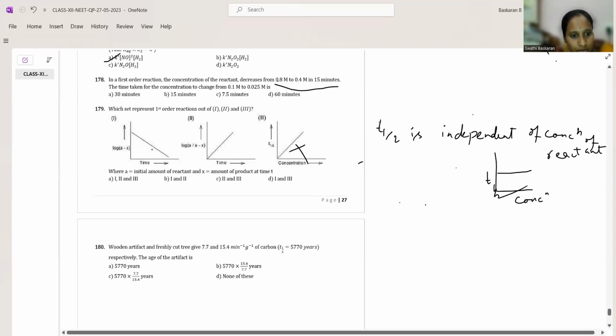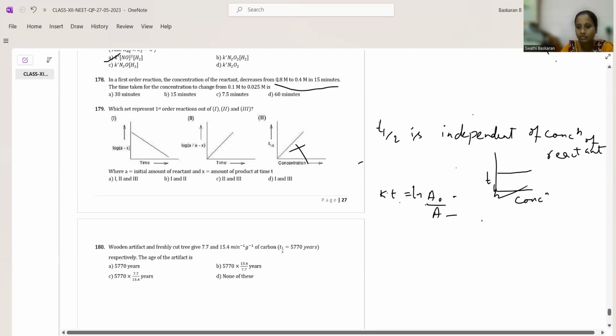Now coming to these two. We know the equation and how it can be derived. During the derivation of the first order integral equation, I would have told you that kt is equal to ln a naught by a, right? So a naught is the initial concentration, a is the concentration at time t.